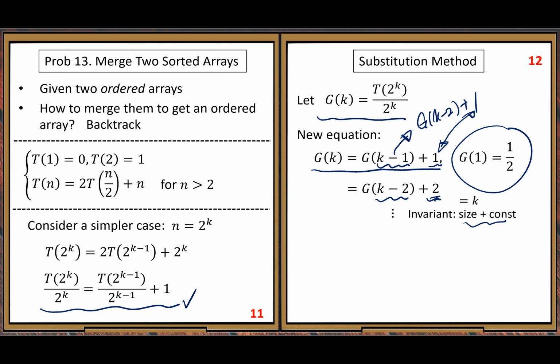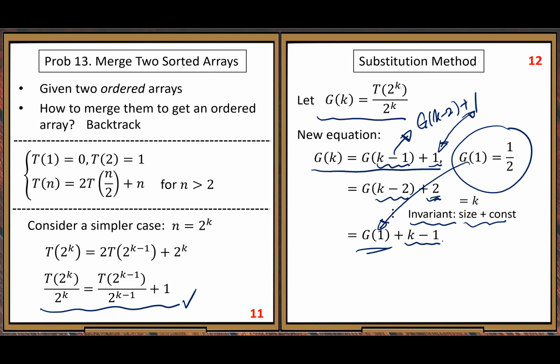Until we reach the base case, the last g of 1, we know after we apply that invariant, this place should be k minus 1, because the sum should be k. 1 plus k minus 1, the sum should be k. So this idea helps us keep track of all the middle equations.